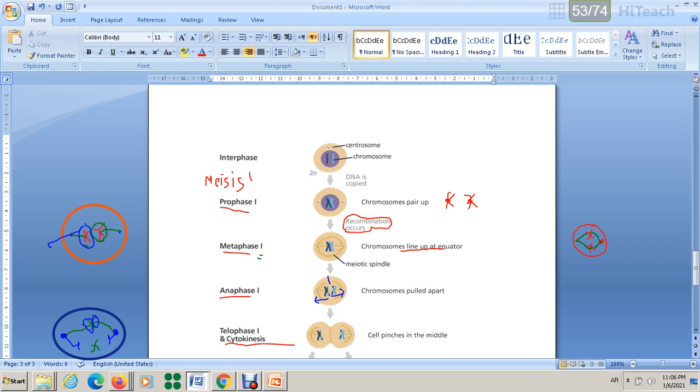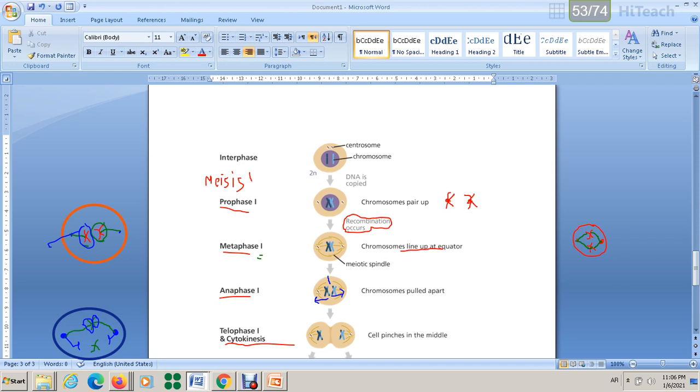What happens in telophase? In telophase, the cell starts to pinch in the middle, and the spindle fibers start to go to the opposite sides. And what's going to happen also in telophase, the nuclear membrane reforms, and the cell divides into two, so the chromatids are still joined.